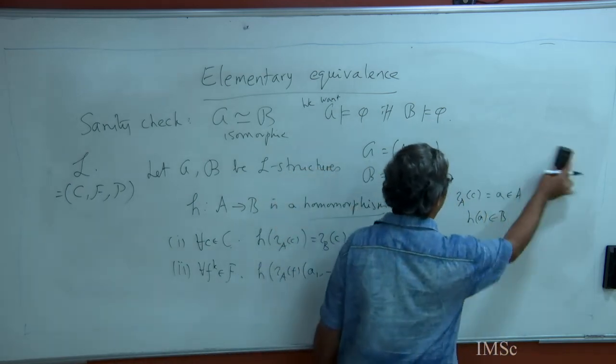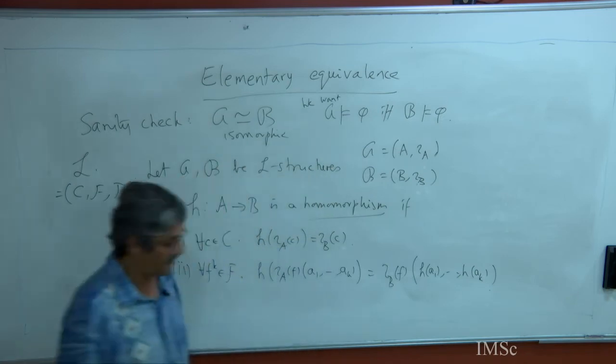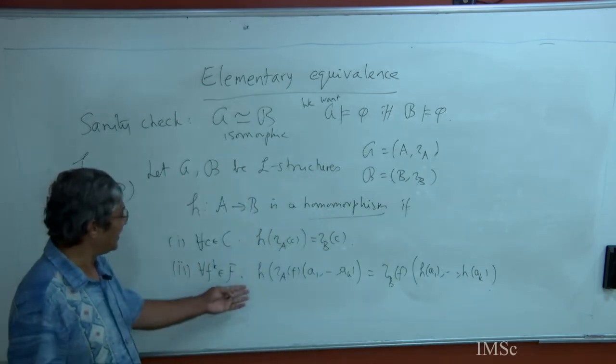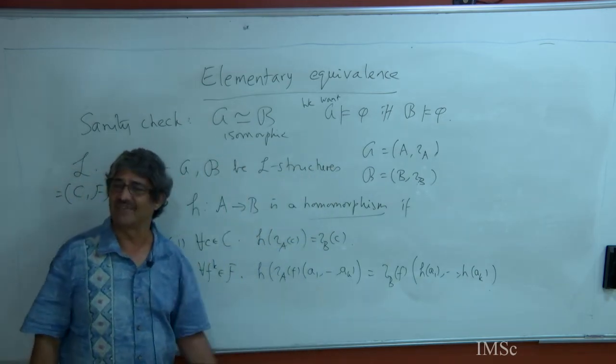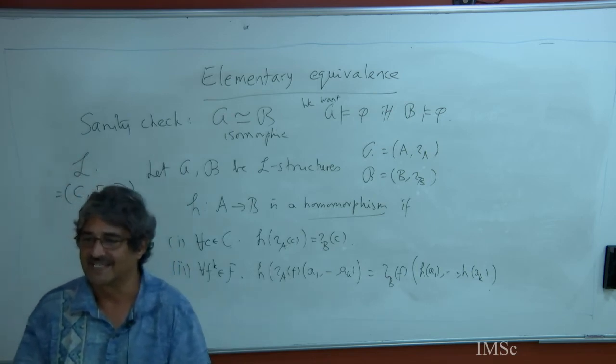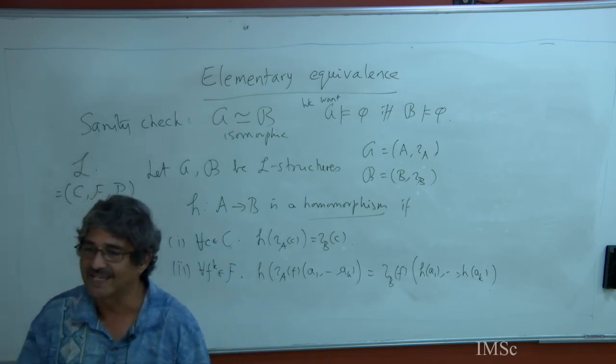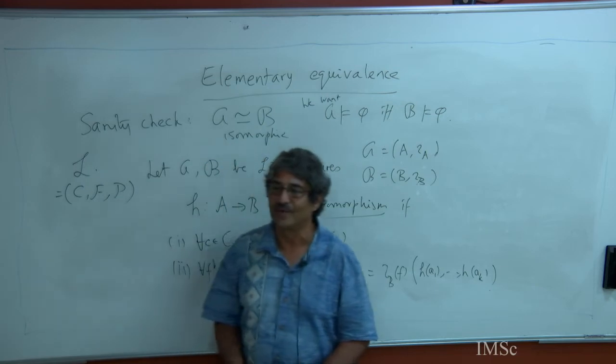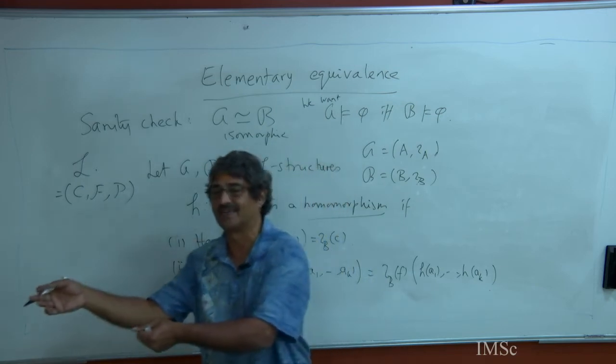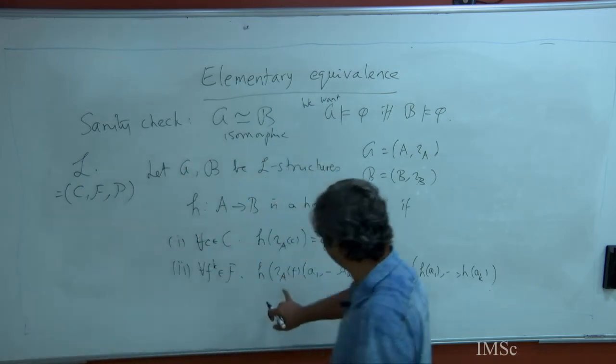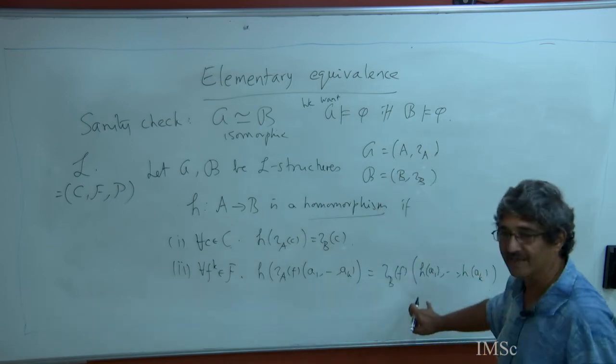Yeah, it's just some bureaucracy. And we are used to doing this, right? We want to say that, for instance, when the function is addition, H of a1 plus a2 is the same as H of a1 plus H of a2, right? Except that this is a plus 1 here and there is a plus 2 here, right?